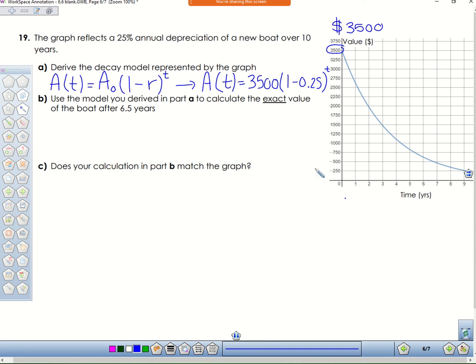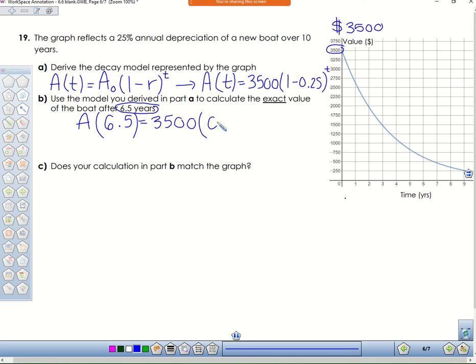But that's the equation. And then it says, use the model you derived from part A to calculate the exact value of the boat after 6.5 years. So what am I going to do with this formula now? You're going to plug in 6.5 for your time. Good. And how do I know I don't need to change the units on years?